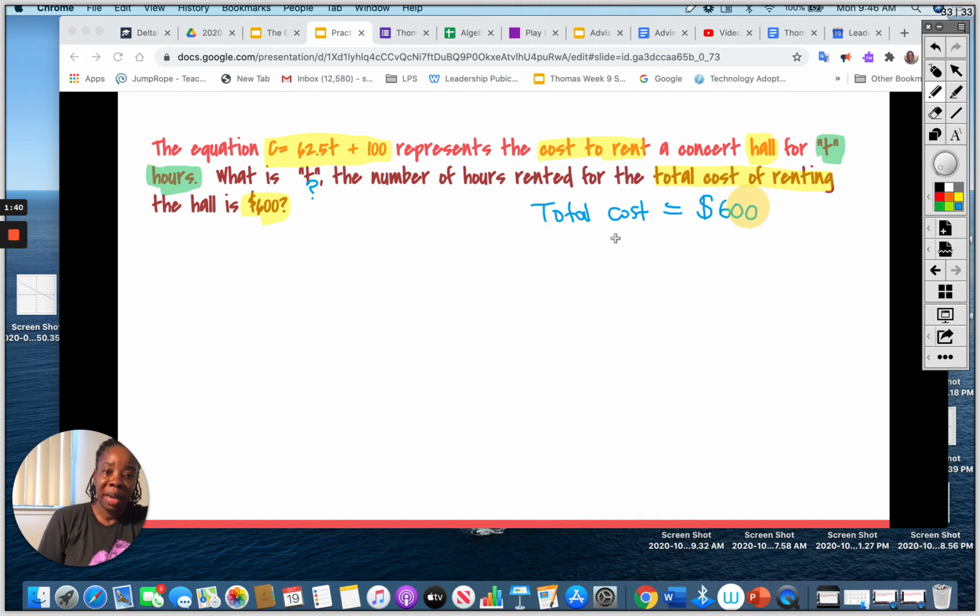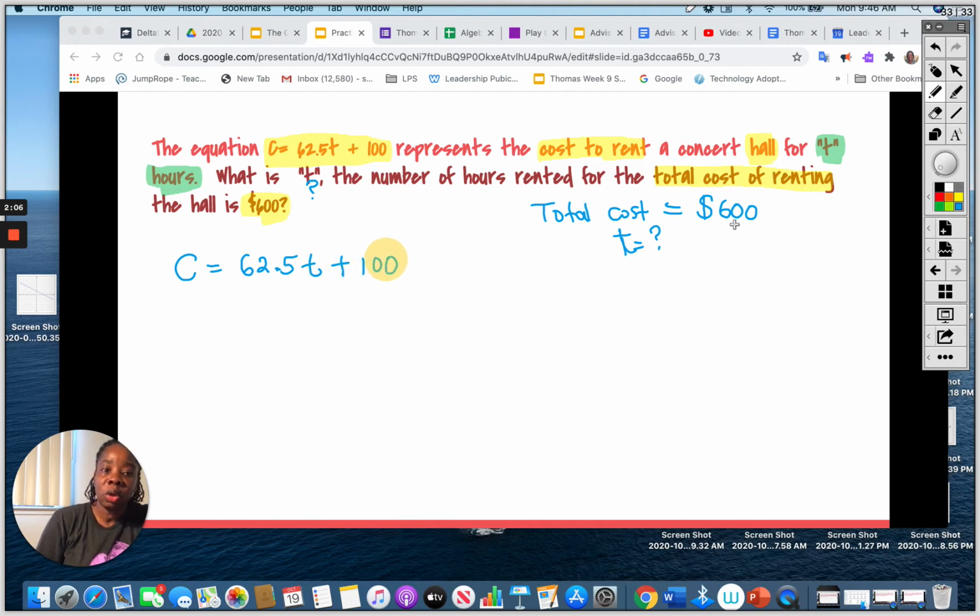I know that my T is what I'm trying to find, and I also know the equation. So I'm trying to find time. So I'm going to start by writing down the original equation, which is C is equal to 62.5T plus 100.